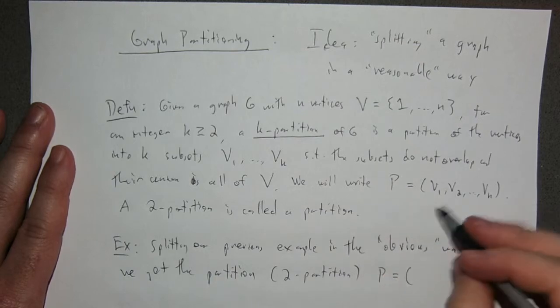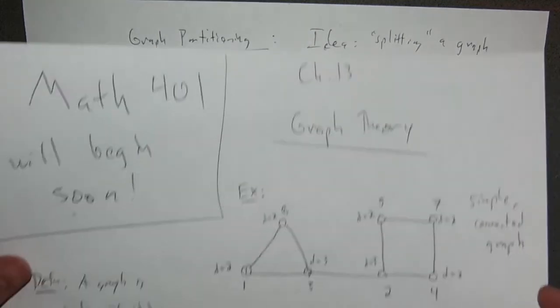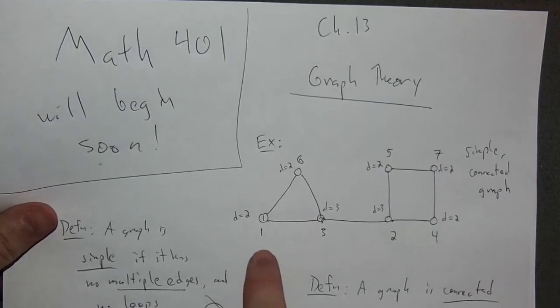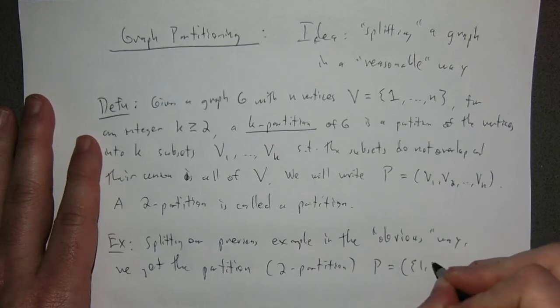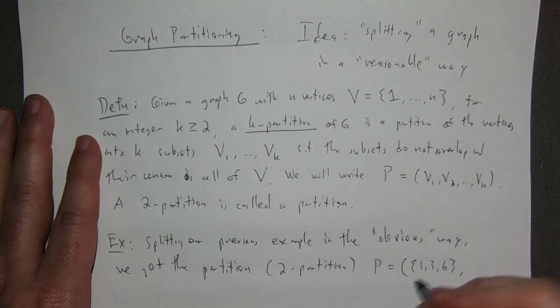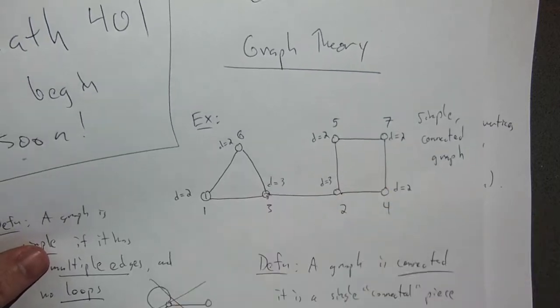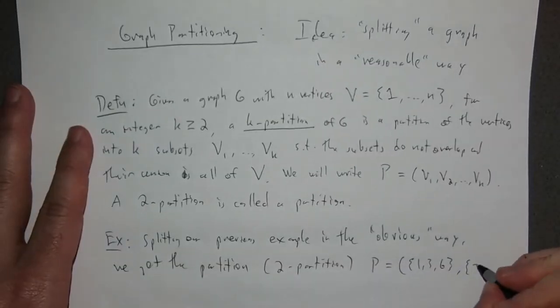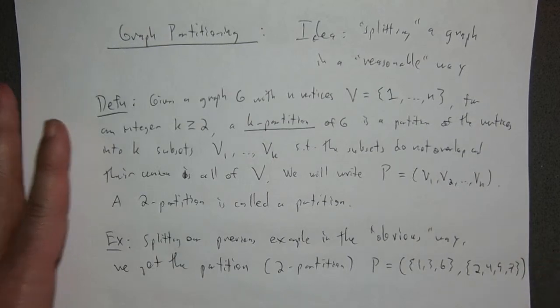This is P, where V sub 1 is going to be that first triangle, which includes vertices 1, 3, and 6. And then in the second vertex set, it's everything else. So I could actually read it, knowing I have 7 vertices, I could just read it off. But looking at the picture, it's vertices 2, 4, 5, and 7. Okay.